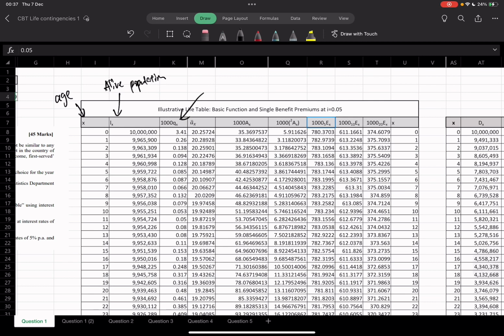This is the death rate. This is the APV of annuity, actuarial present value of annuity. This is whole life insurance. This is the second moment of whole life insurance, and this is pure endowment.